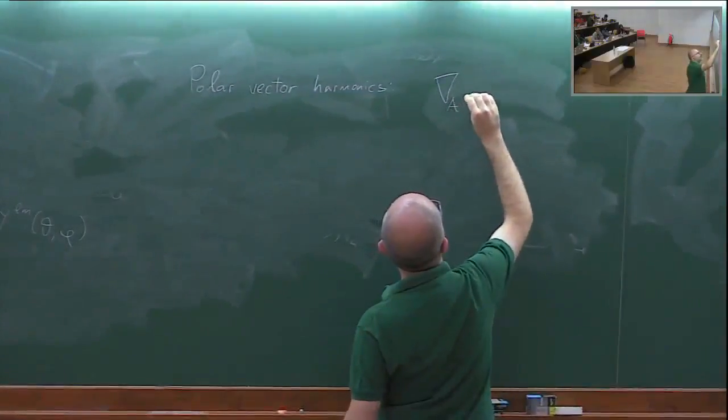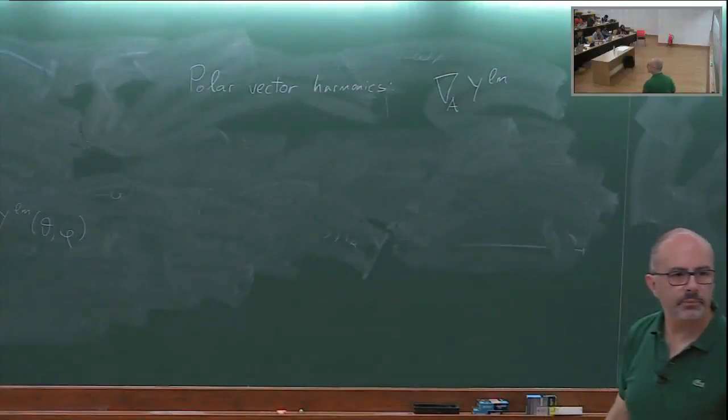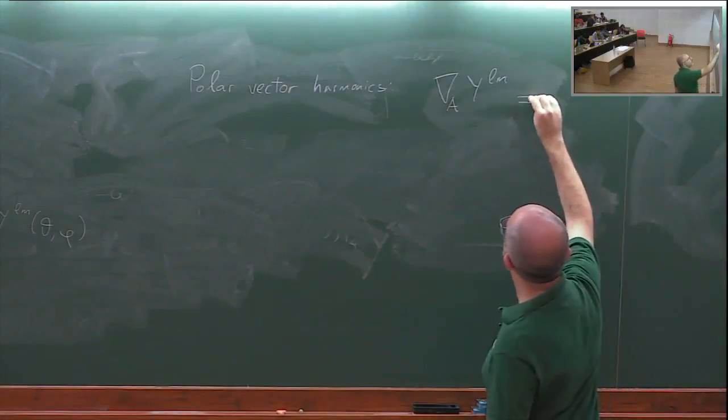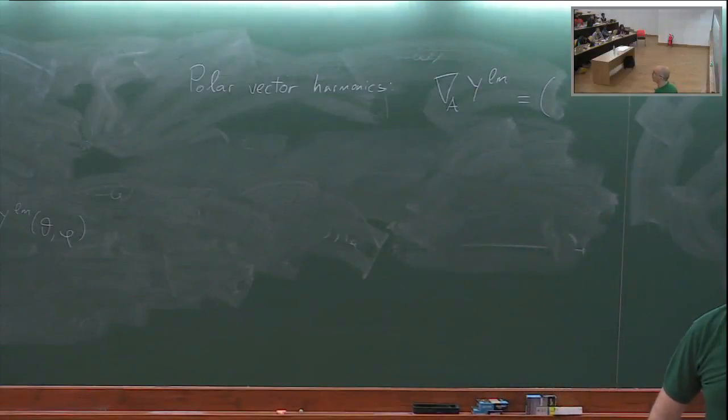I take nabla_A Y_Lm. So Y_Lm is a scalar quantity. I apply a vector to a scalar quantity. I get a vector. A vector on the sphere is a 2-dimensional object. So you can compute it. And in fact, you can tell me the result. What am I going to get? What is the theta component of this vector?